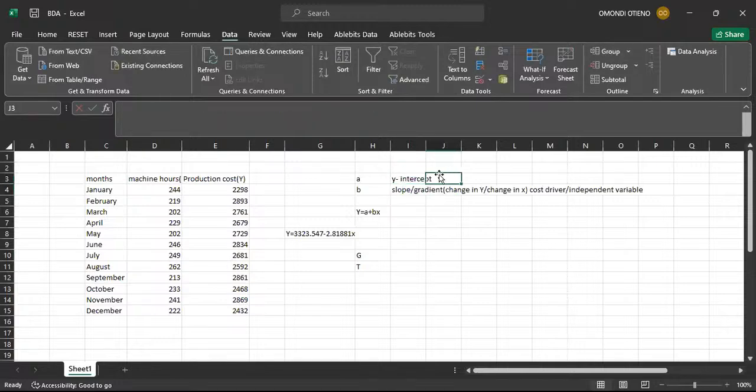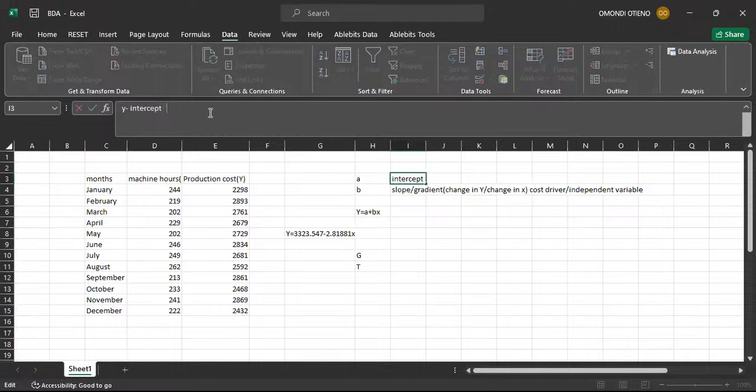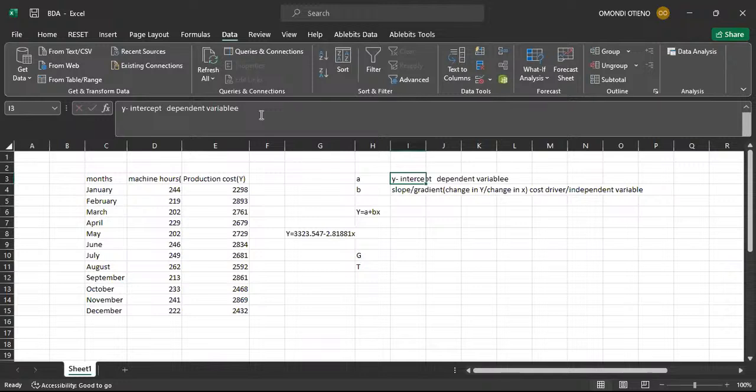Y, or the y-intercept, is the dependent variable. At that point, x is equal to 0. We have produced 0 units. We've done 0 activity. Slope is the gradient of the curve, change in y over change in x, and we already have y and x.